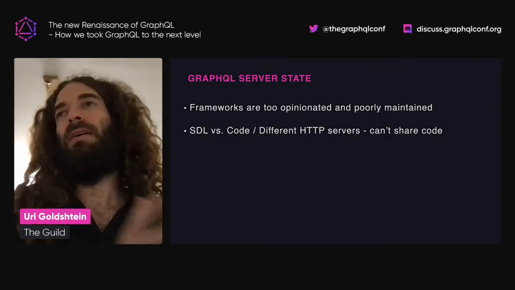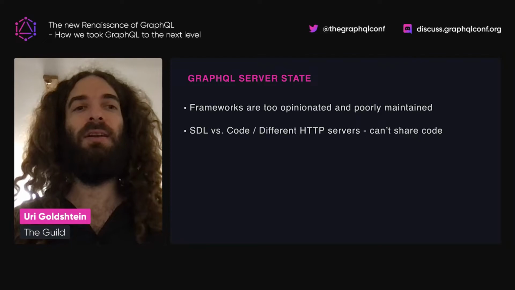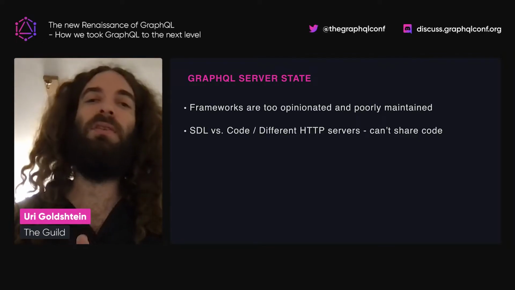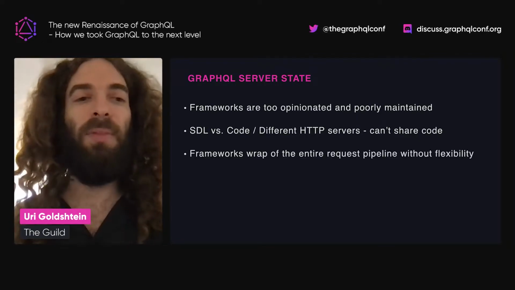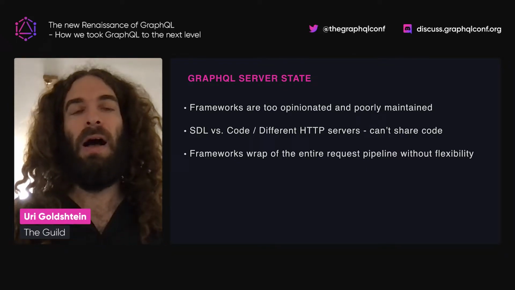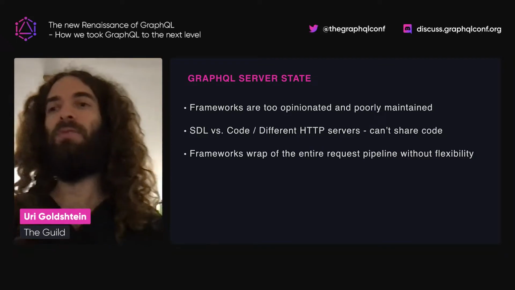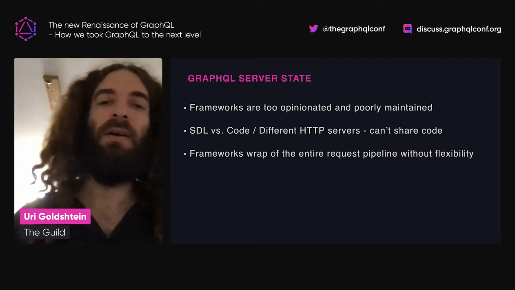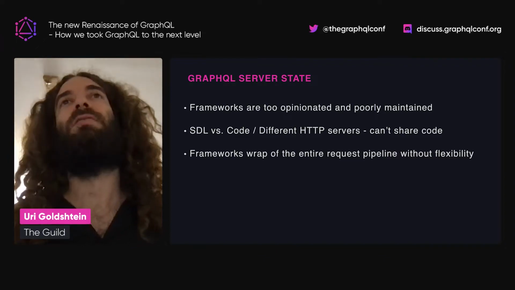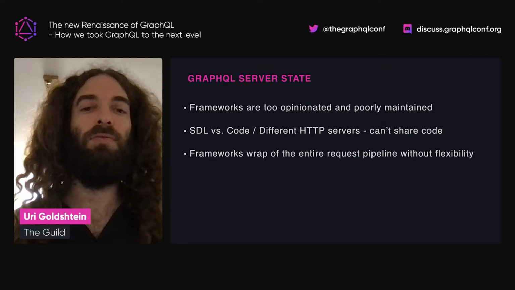Instead of just making the schema creation separate, we basically created a whole framework around it, and if I go with a framework, I can't easily change choices or share code across the ecosystem. Also, those frameworks are basically wrapping GraphQL and also all the HTTP handling, and give us very little flexibility, which I'll show later today is really important.